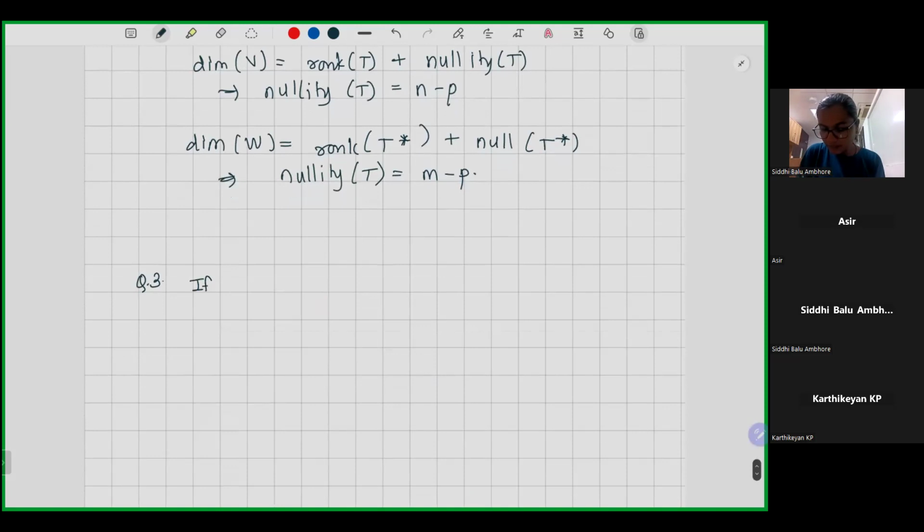Let T be a linear transformation, a linear operator, let us take, or let us talk about A. Let A be a matrix in M n cross n of R with n eigenvalues. Then A is diagonalizable.